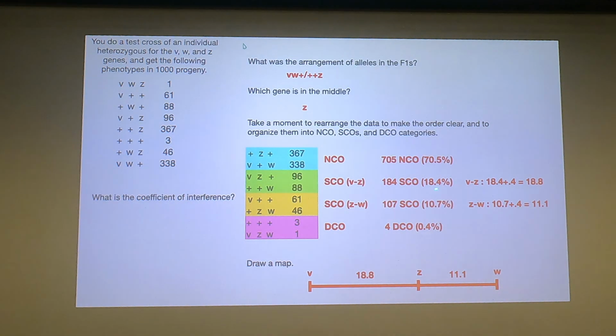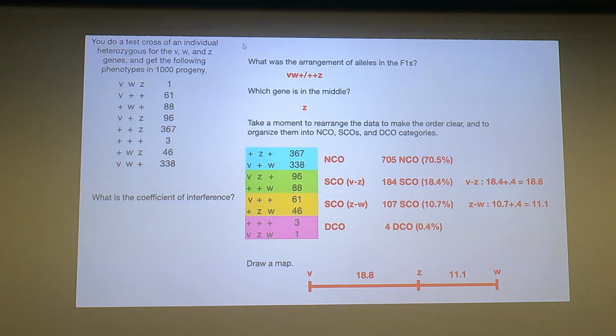Yeah, so there's our observed. We know that one. That's 0.4. But what's the expected? How do we get the expected? You multiply those two single crossovers together, and that gives you the expected number.